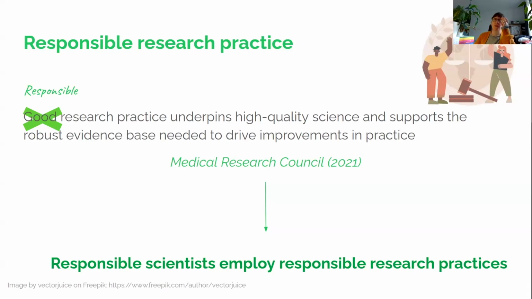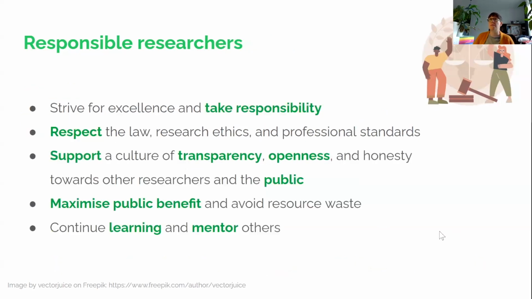And we do agree that responsible research practice underpins high quality science and supports the robust evidence base needed to drive improvements in science. So, of course, one would think that responsible scientists employ responsible research practices. Who is a responsible researcher?